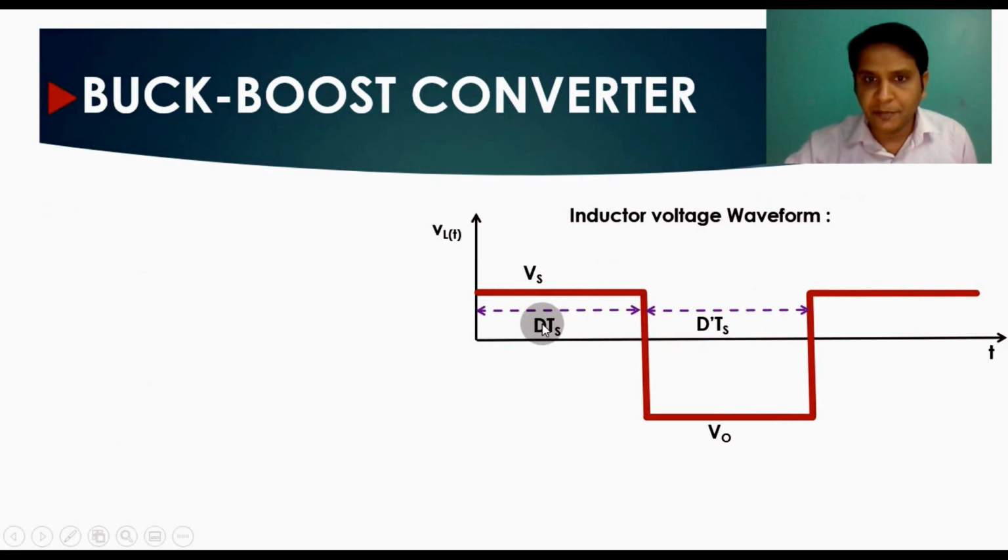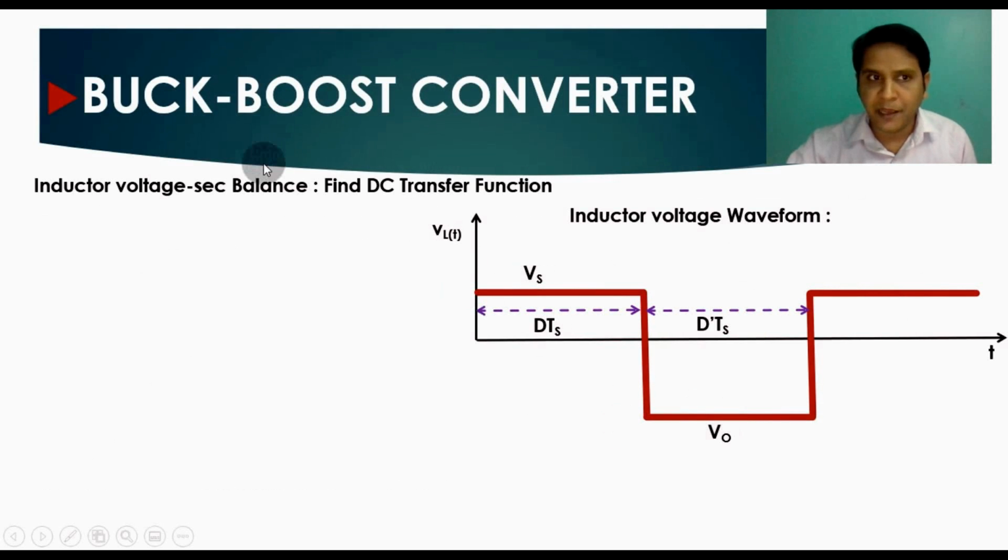During the on time, for time period dTs, we have the input or source voltage across your inductor. For d prime Ts, the inductor voltage is equal to your output voltage.